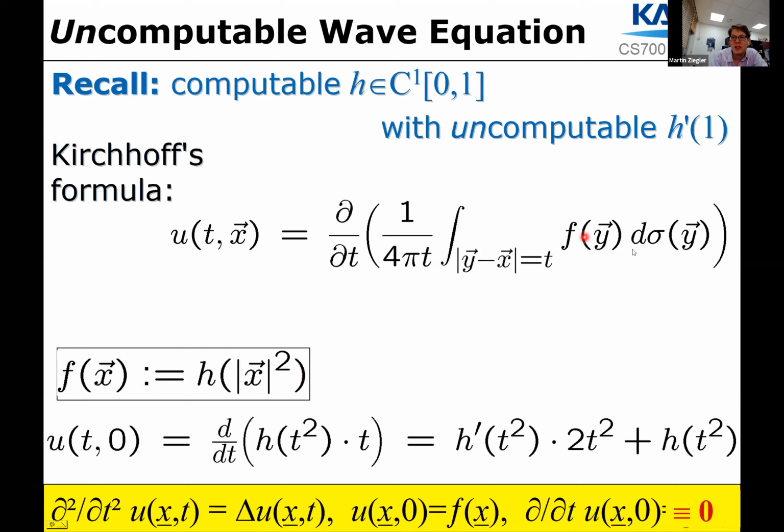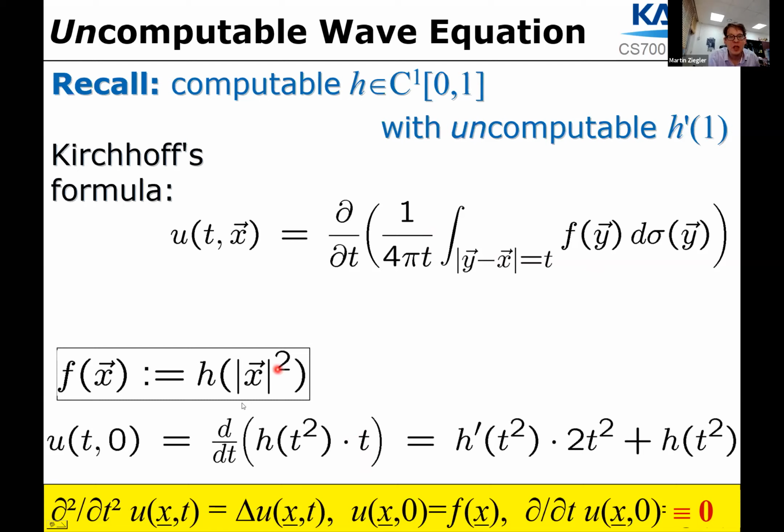So this here simplifies to this expression, and there is a factor of t because this is the 3D case, the surface of a sphere scales quadratically with t, but we only divide by 1t, so there's another t remaining. So yes, I lied here. This is not the average. For the average, we would need to divide by t squared. Instead, we divide only by 1t, and that 1t is remaining.